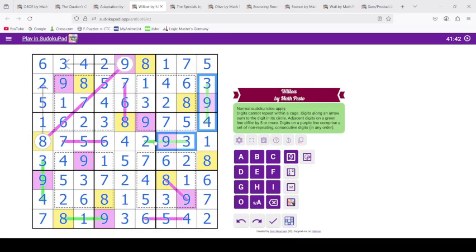It was literally just the 3s over here. Alright, well, I'm not too upset for not seeing that for a while. Maybe a little bit. It was a good puzzle, though. I think I have time for one more.